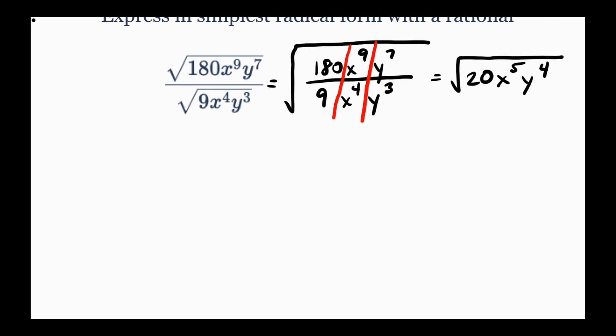Okay. So now simplify it just like you did one of the other problems. So we've got to break down 20. Breaking down 20 is not too bad. It's just 4 times 5 and then 2 times 2.